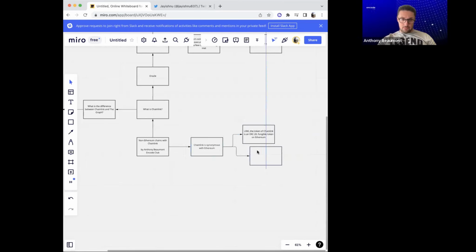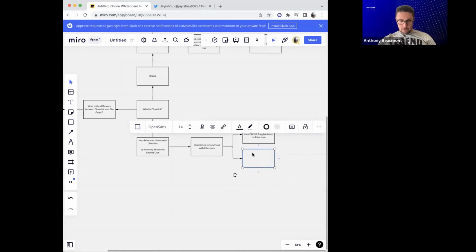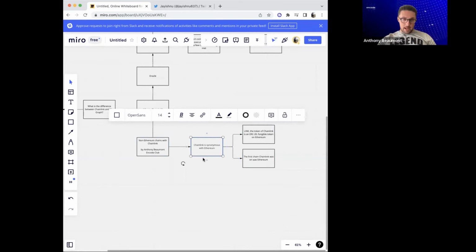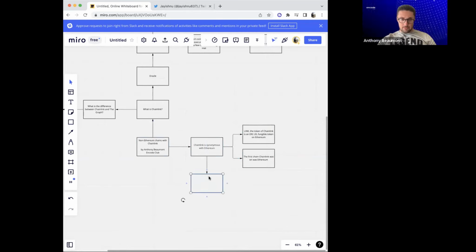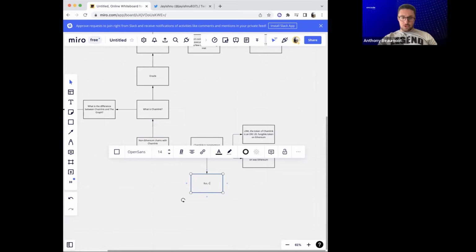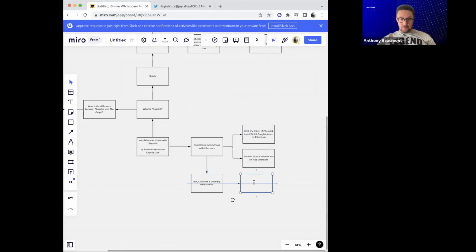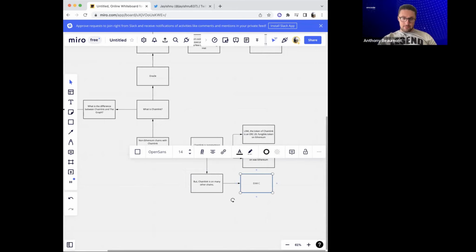And two, the first chain Chainlink was on was Ethereum. But very importantly, Chainlink is on many other chains. Specifically, the chains it's on, though not exclusively, are EVM chains.